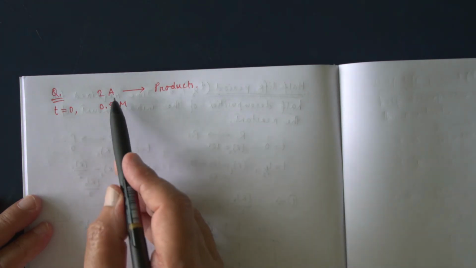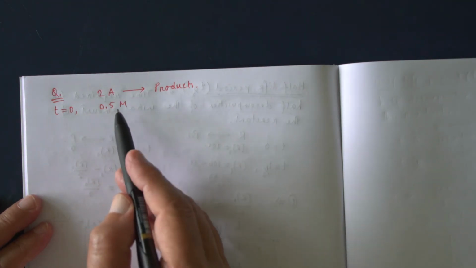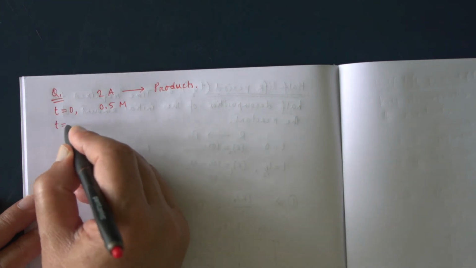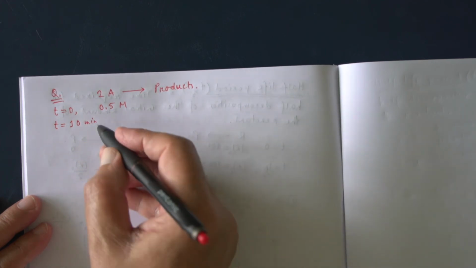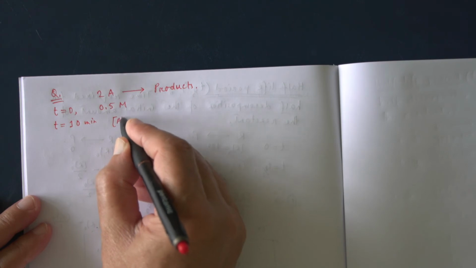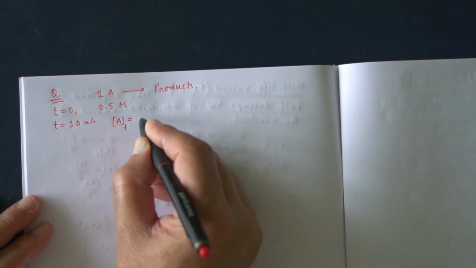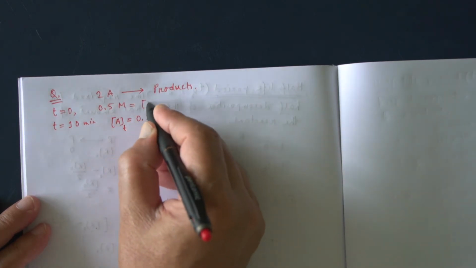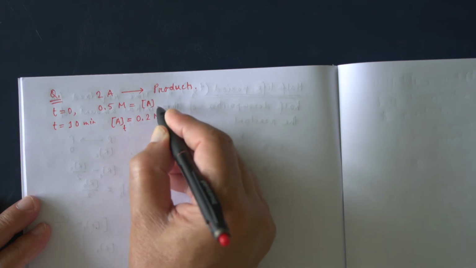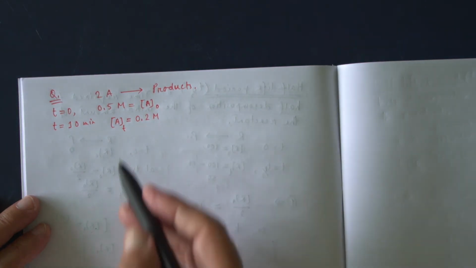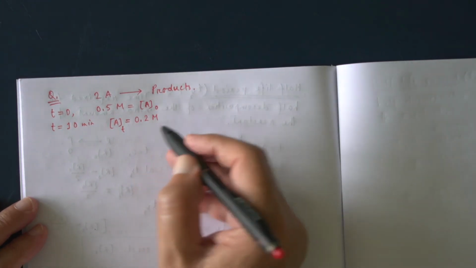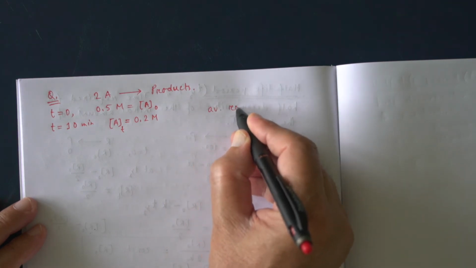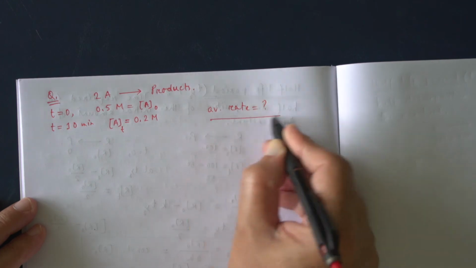At time 10 minute, how much of A remains? A remains 0.2 molar. This is given, and what will be the average rate of the reaction?